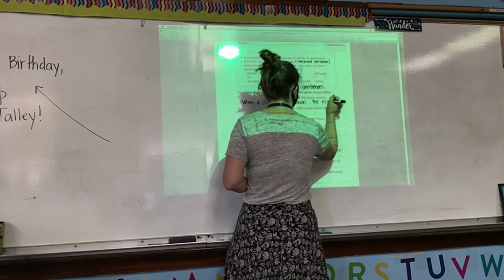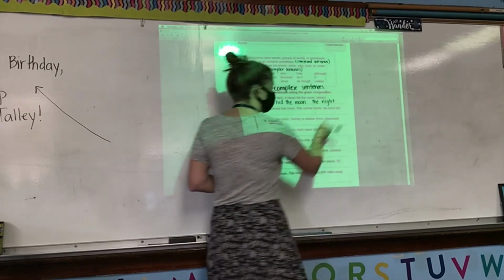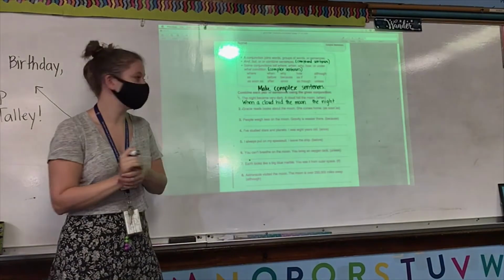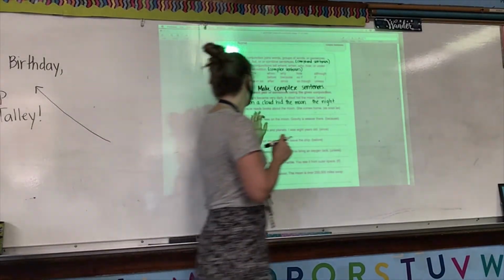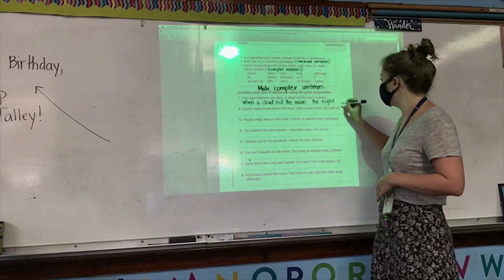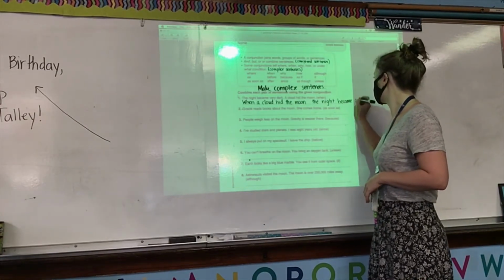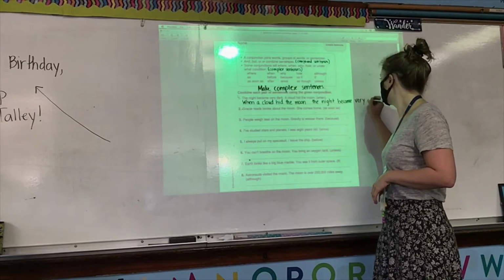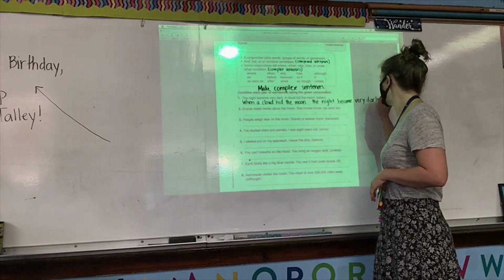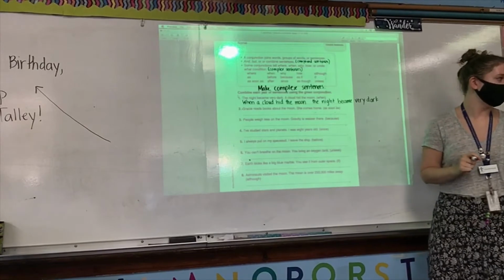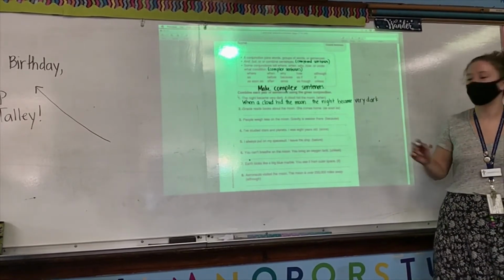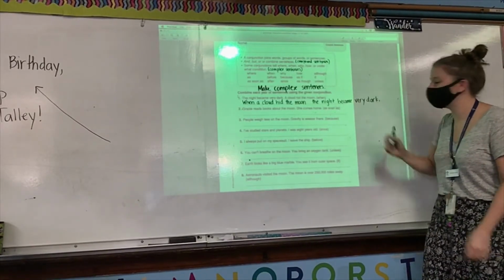The night, so you guys might have to write teeny tiny, but make sure you can still read it. When a cloud hid the moon, the night became very dark. And what do we need at the end, Zadie? A period.